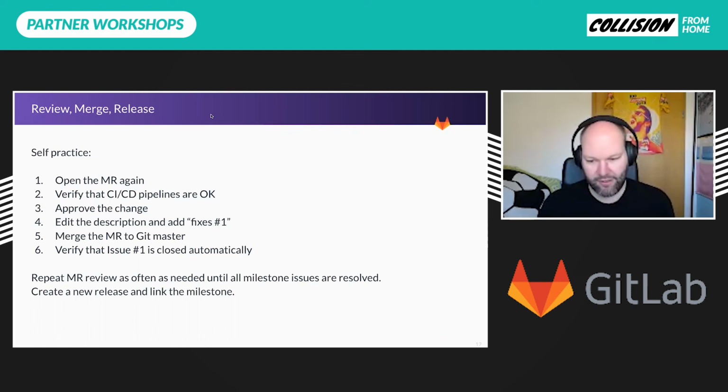So you don't have to use an extra step to automatically close the issue. You can also specify that the branch gets deleted once it is merged. So your repository and your GitLab project is clean as it was before. Once everything has been merged back to master and the issues have been closed out for the milestone, create a new release, tag a new release, and also link the milestone so everything is combined.